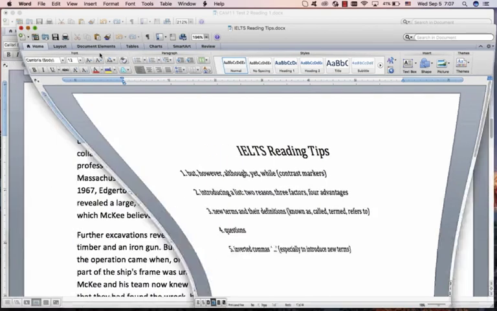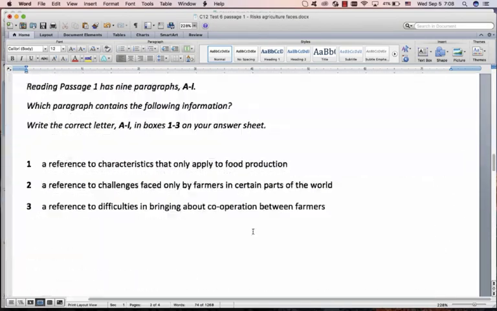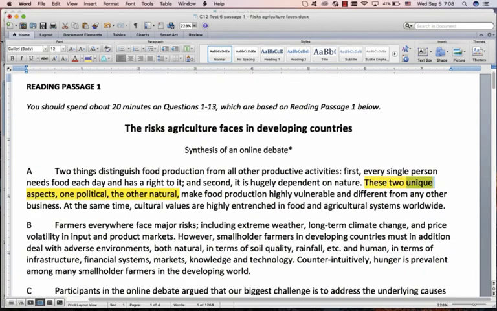For example, in Cambridge 12 we had risks agriculture faces, and they had that language over there, and IELTS actually asked a question from that language. They asked this question over here: characteristics that only apply to food production. That's the only is unique, aspects, characteristics. So that language gave you the answer for that question.